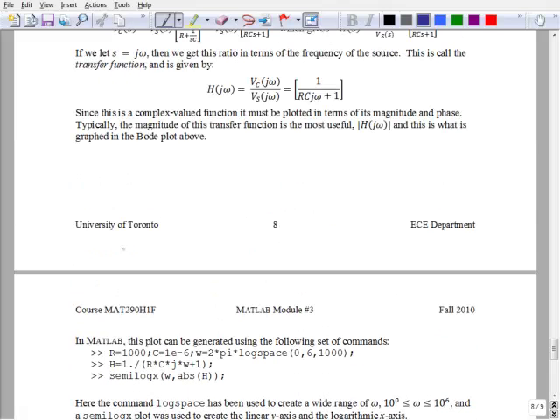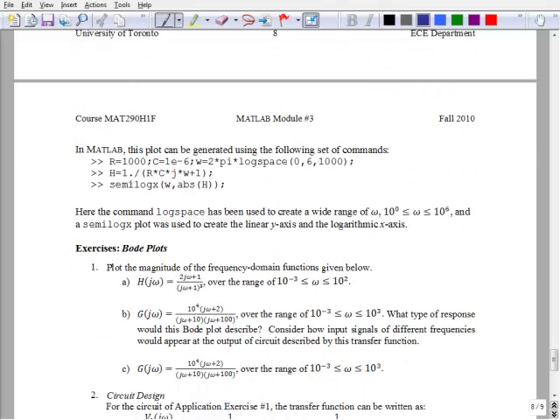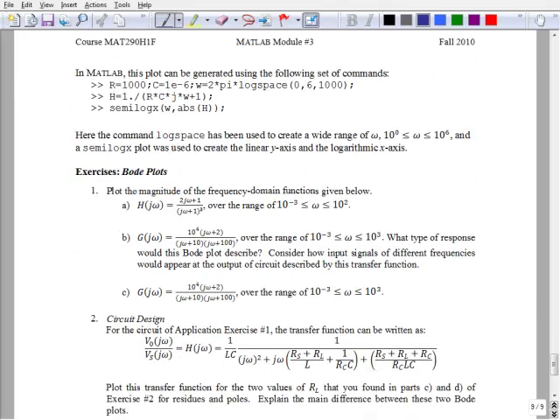Log space uses powers of 10, so for this problem, the log space definition would be -3 to 3, say with 1,000 points.